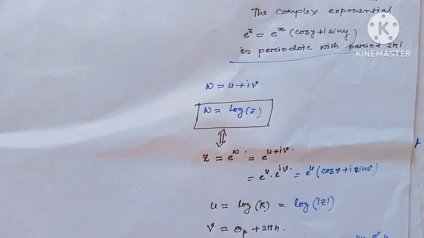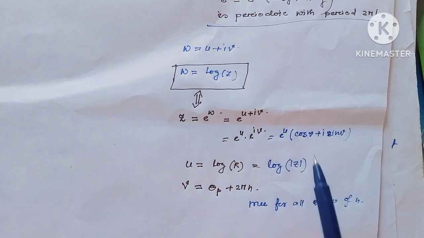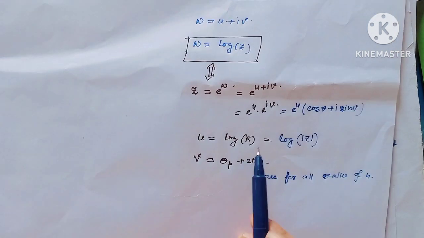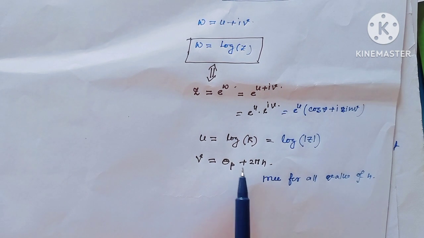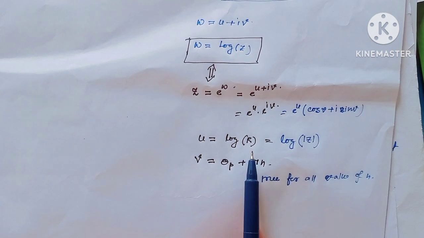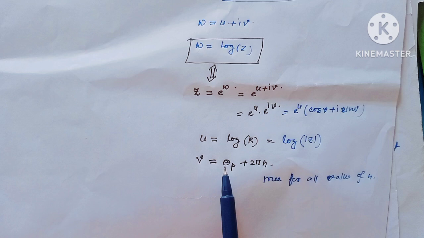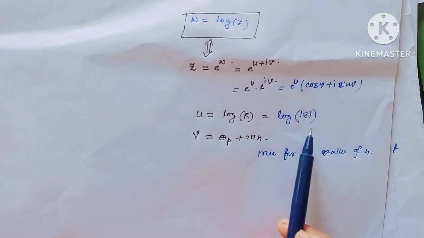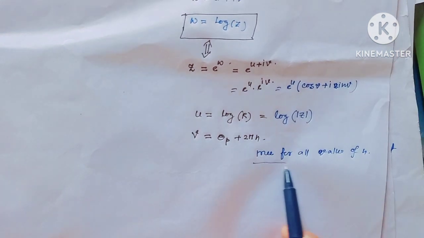The inverse function of log z would be e to the power w, and e to the power w means e to the power u plus iv, which is equal to e to the power u times cos v plus i sin v, where u equal to log mod z and v equal to the argument theta p plus 2 pi n, and this is true for all values of n.